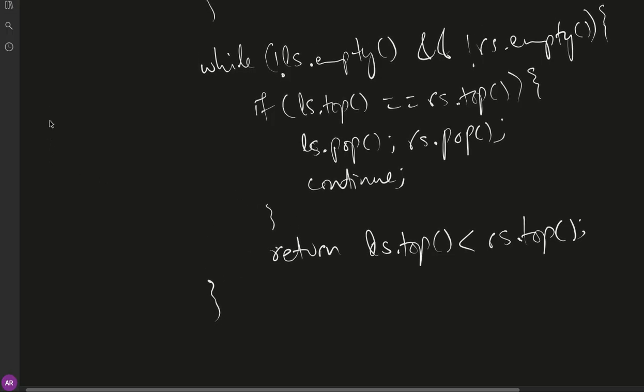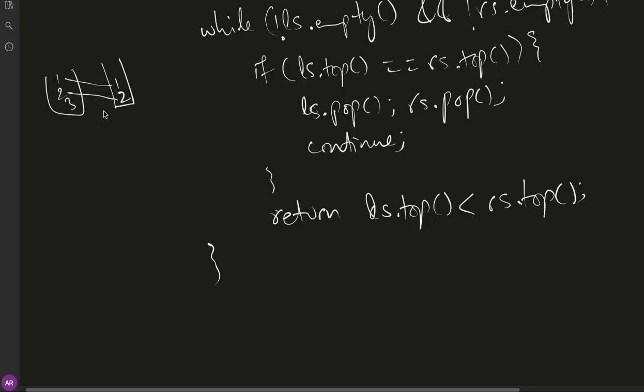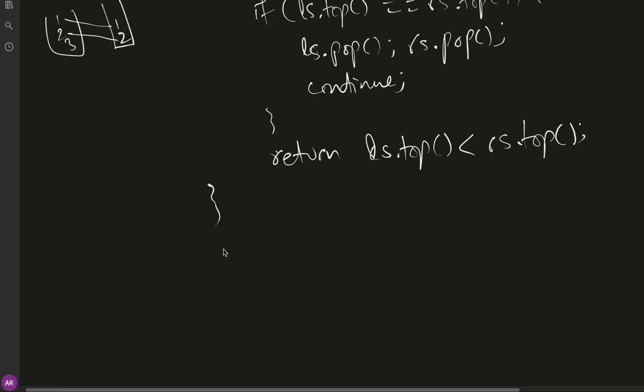Now it might be the case that both the stacks have some values, like 1 2 3, and then let's say 1 2. Now we compare 1 with 1, 2 with 2. Now the stack on the right hand side is finished, and the stack on the left hand side still has some values.